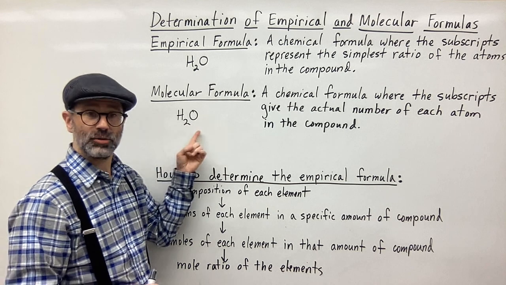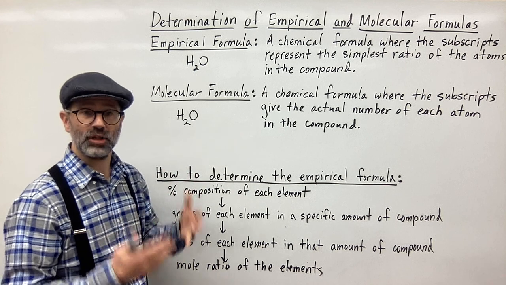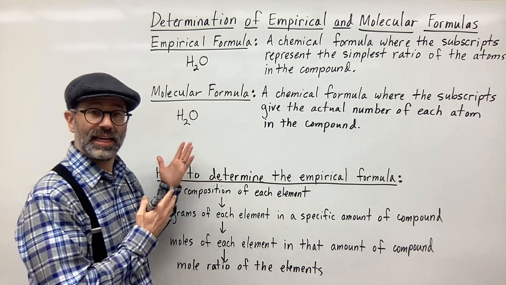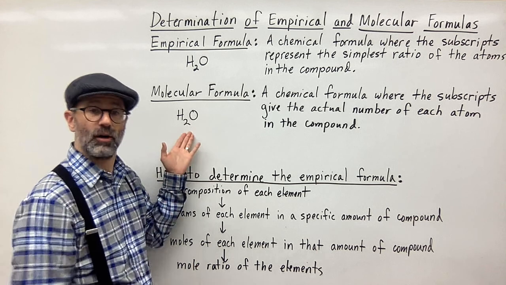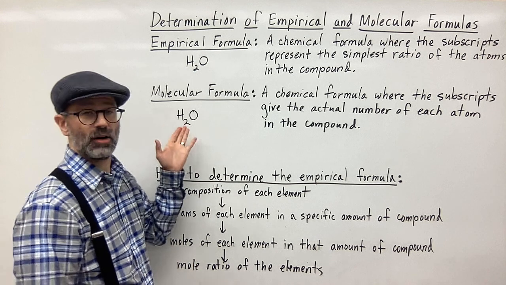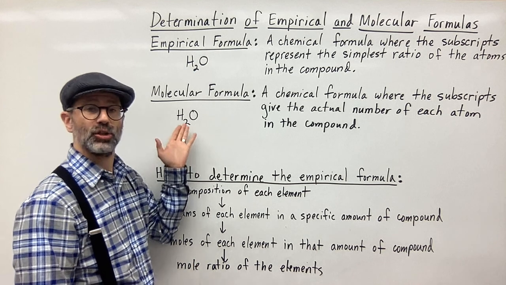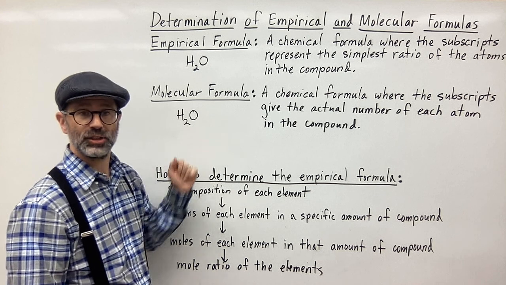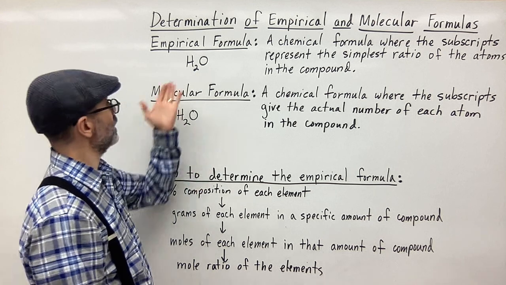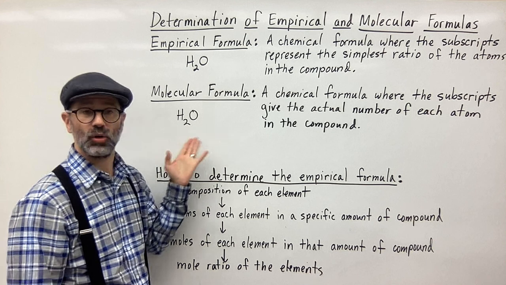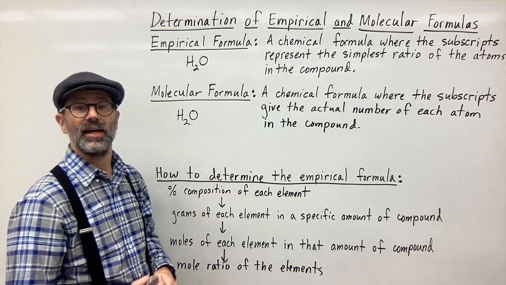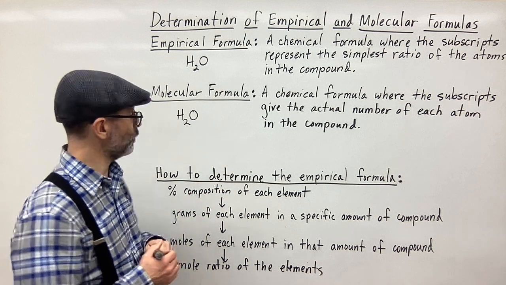So every water molecule actually has two hydrogens and one oxygen. It just so happens that the empirical formula is the same because this is the lowest whole number ratio that you can get.